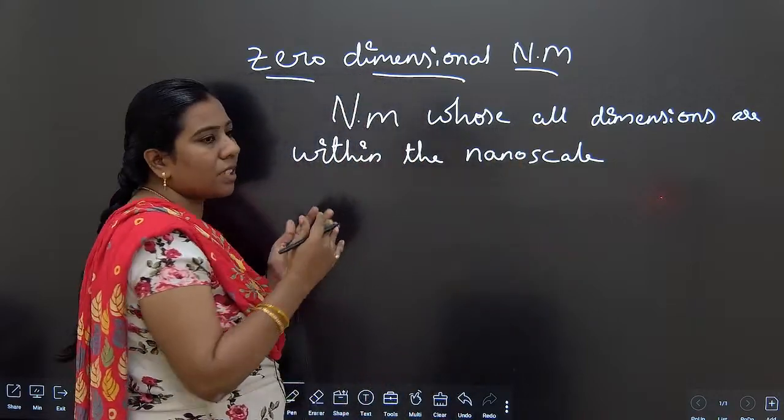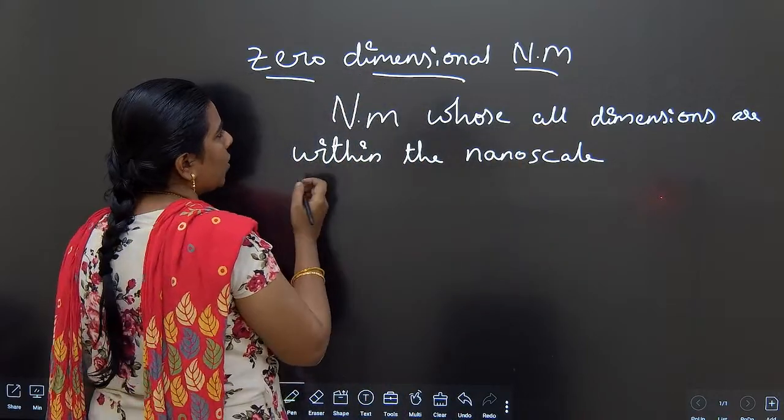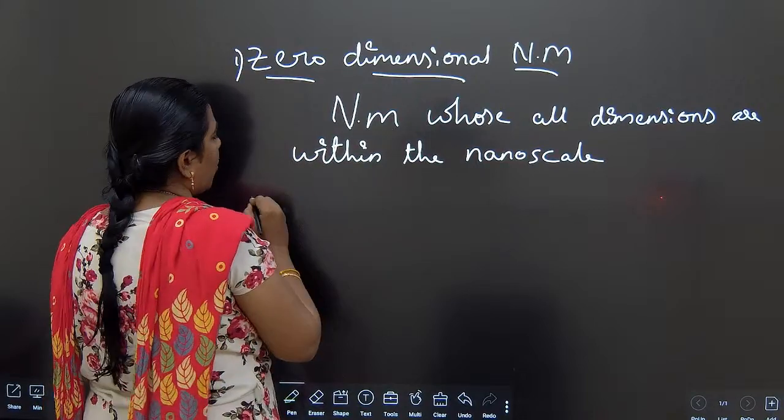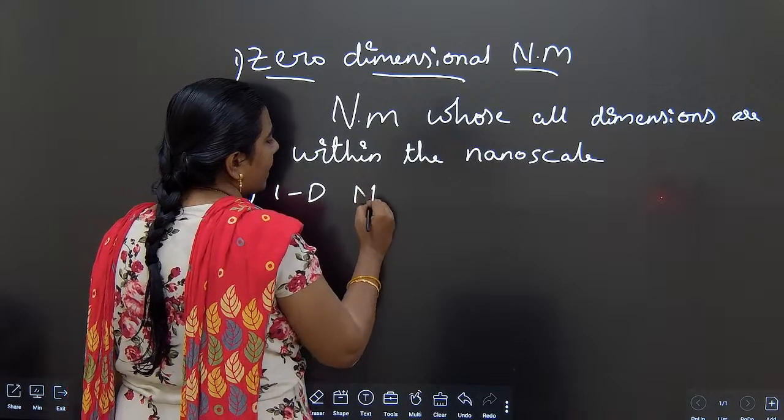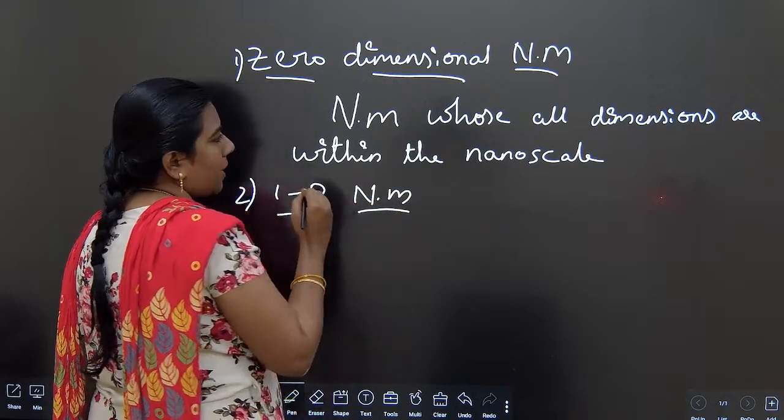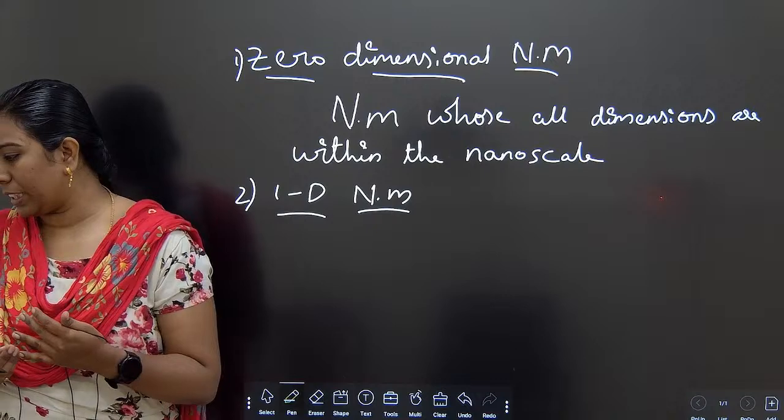If the dimensions are within the nanoscale, then it is zero dimensional nanomaterial. And one dimensional nanomaterial is one where one of its dimensions is out of the nanoscale.